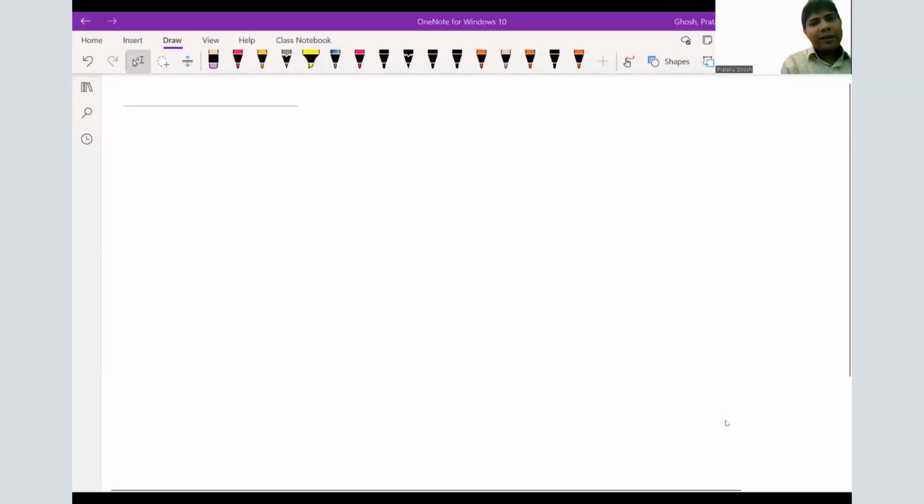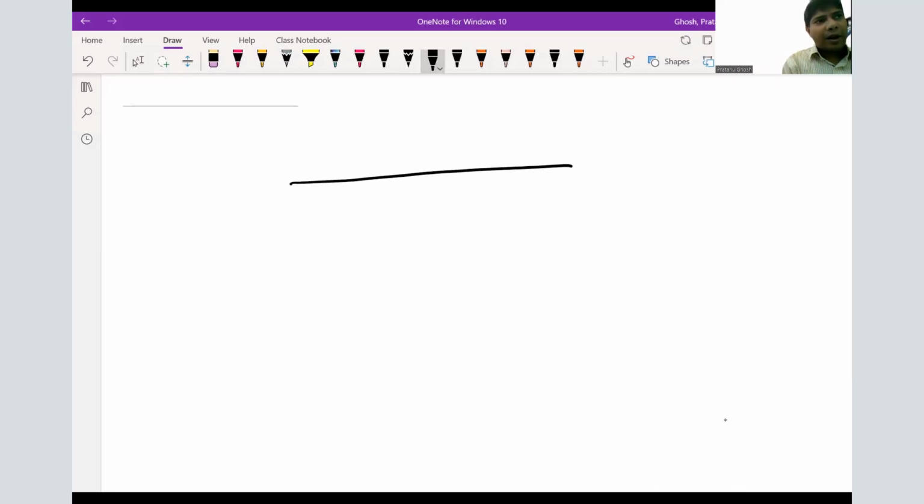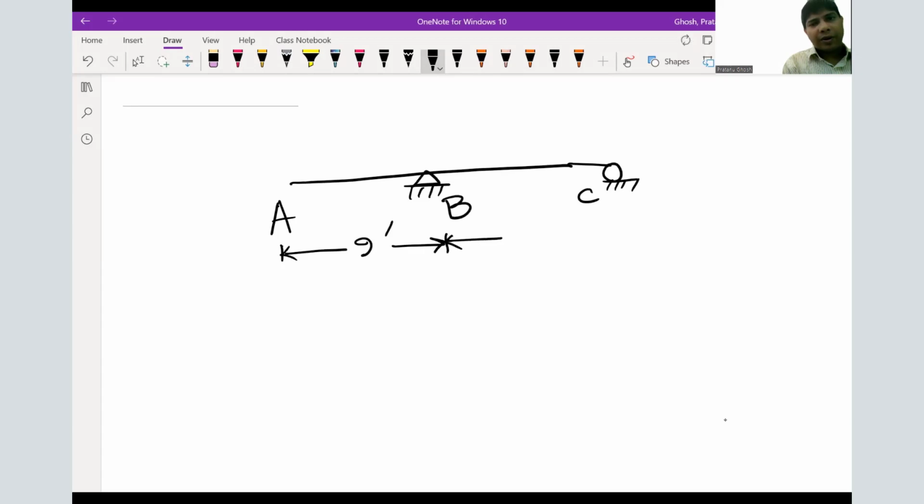So we are having our overhanging beam A, B, and C. A to B is 9 feet and B to C is 21 feet.